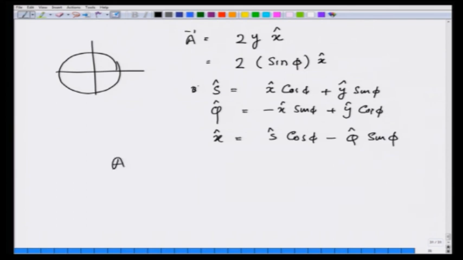So, A I can write as 2 sin phi cosine phi s minus sin phi phi.